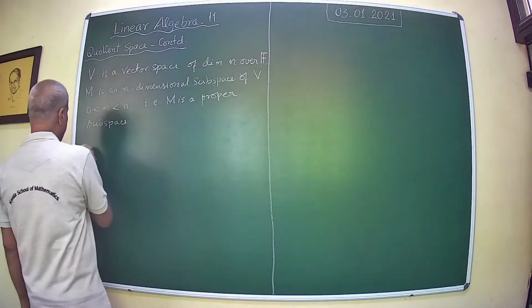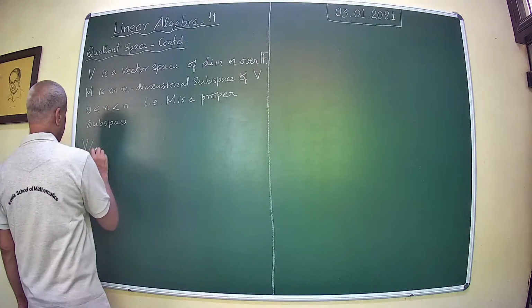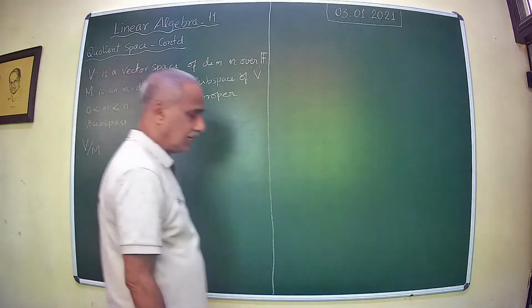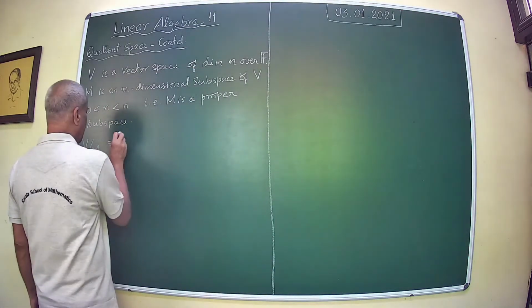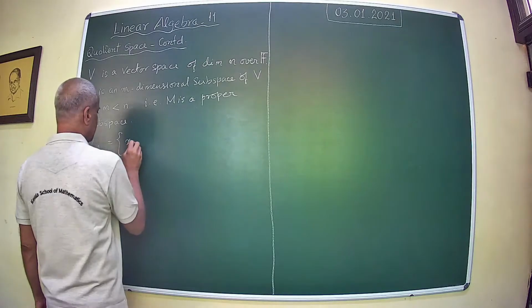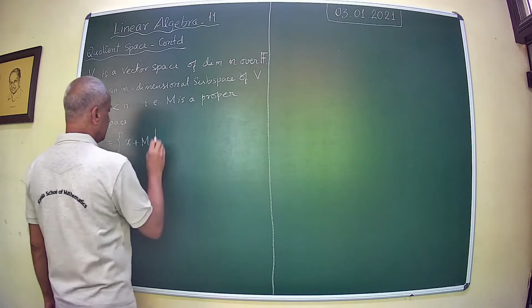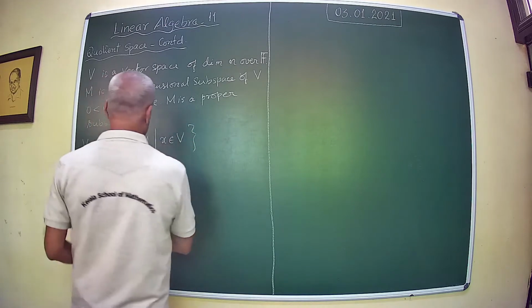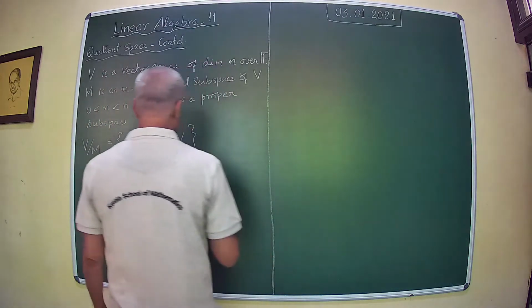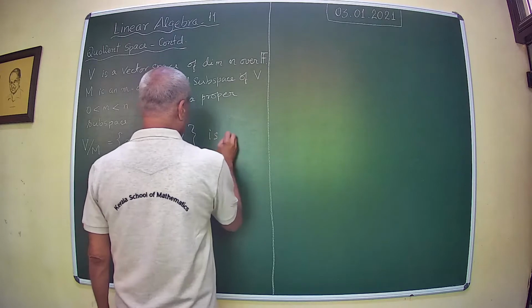So we had V by M, the quotient, and we found that V by M, which consists of cosets, is a vector space.